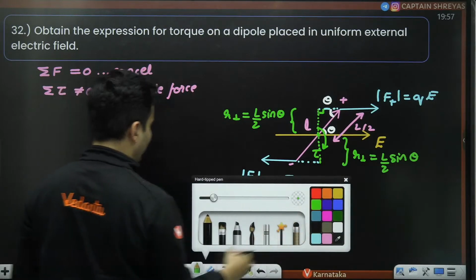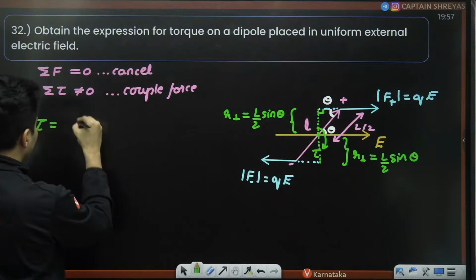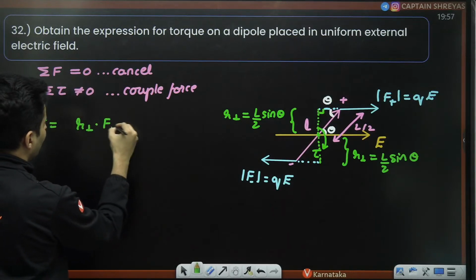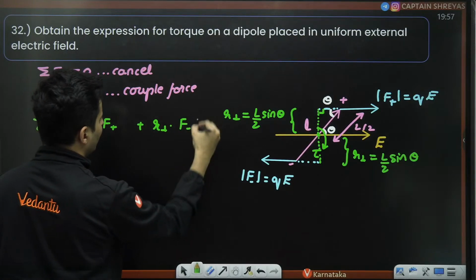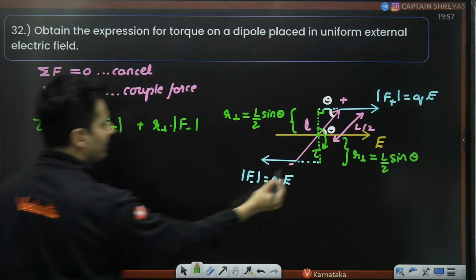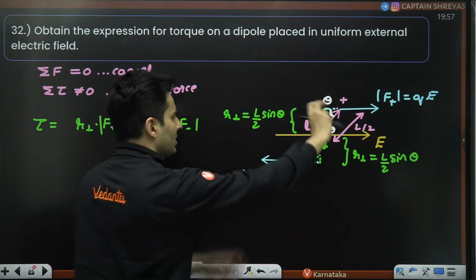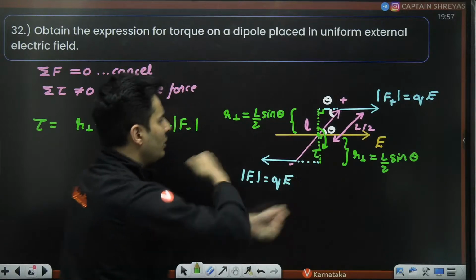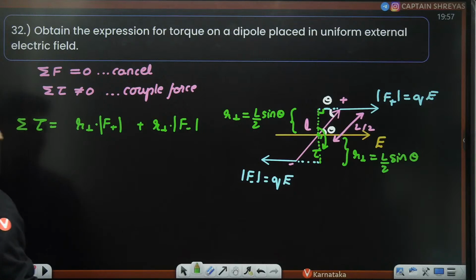Now, in order to find that torque, the torque will be R perpendicular into that force plus R perpendicular again into that force on the negative charge. Torque because of these two forces, so they both will add and produce the net torque which we want.